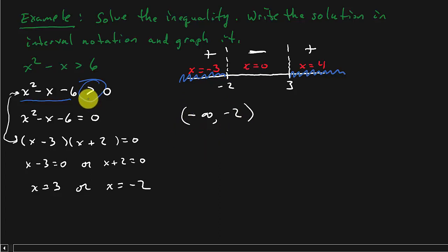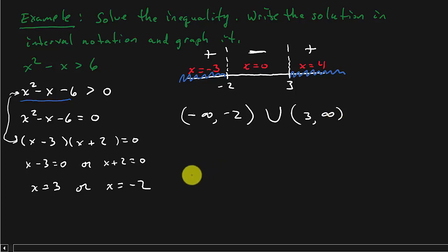Now look, if this symbol was or equal to, this would have a bracket on it, okay? But it's not. There's no or equal to, it's just greater than. So that means this is a parenthesis. So from negative infinity to -2, or what? 3 to infinity. So that's your solution there.